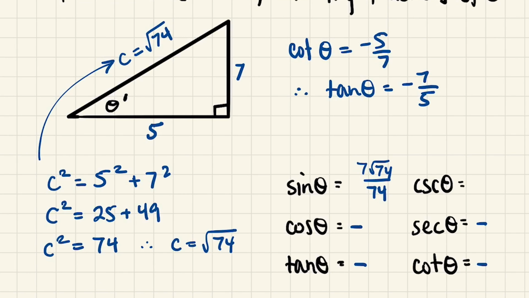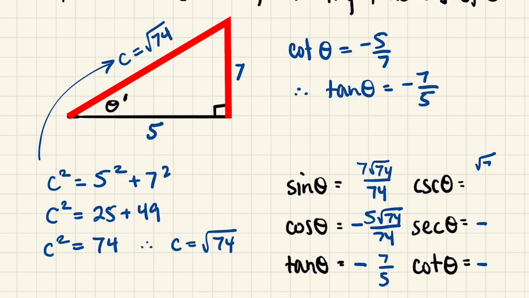Cosine of theta will be adjacent over hypotenuse, which also rationalizes. Tangent of theta will be opposite over adjacent, so that's 7 over 5. Cosecant of theta will be the reciprocal of sine, and sine is opposite over hypotenuse, so cosecant will be hypotenuse over opposite.